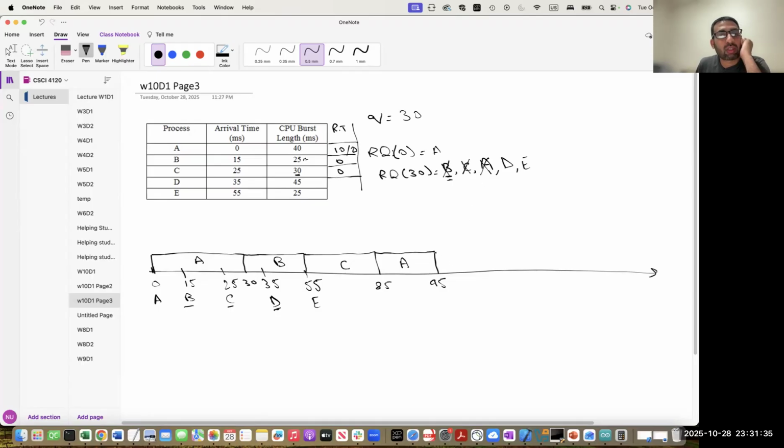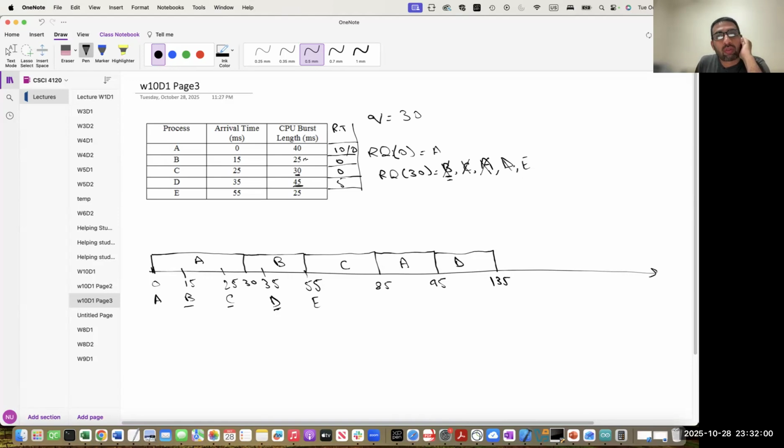Now the next is D. D is allowed to run for 30 time units and its burst time is 45, right? So 95 plus 30 is what? 125? So it has 15 remaining time units, because 45 minus 30 is 15. Thank you.